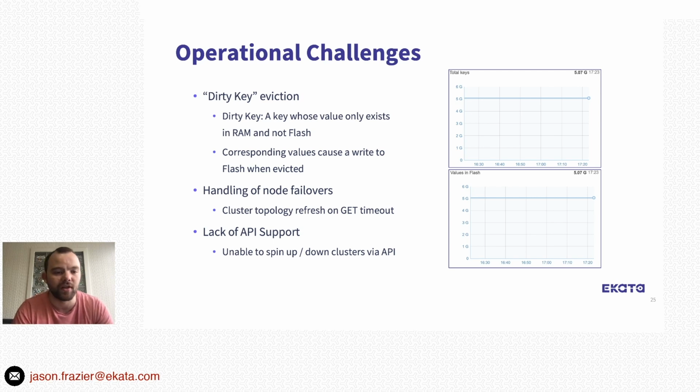So the way we got around this is how to handle timeouts within the cluster. We added some timeout handling around the cluster that says, hey, anytime I receive a timeout from one of my GET requests, ask the cluster for its updated topology.